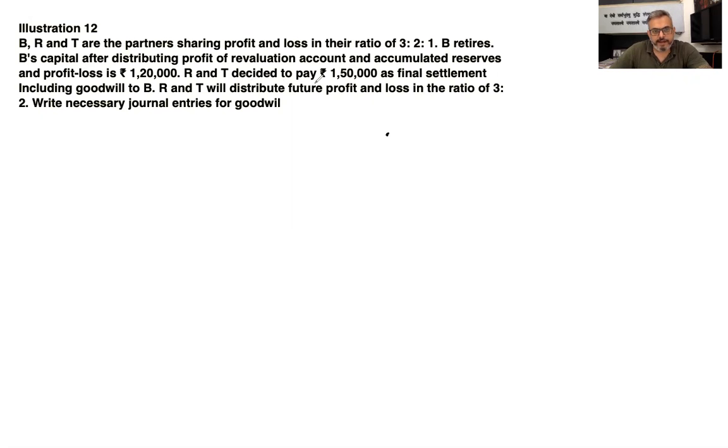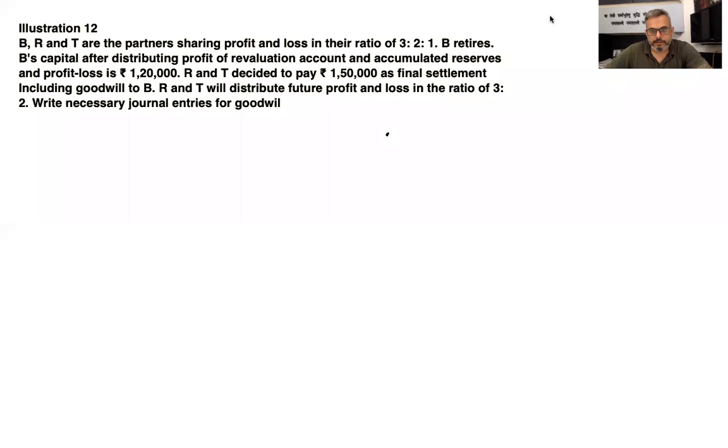R and T decided to pay 1,50,000 as final settlement, including goodwill to B. R and T will distribute future profit and loss in the ratio of 3 is to 2. Write necessary journal entries. Go through the sum.